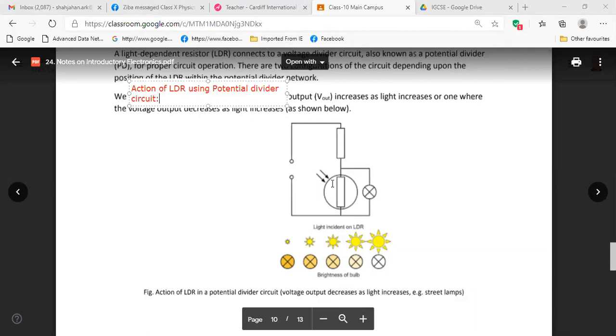If we are having more resistance, that means we are having more voltage output across this circuit, isn't it? Then the voltage will increase. If we have more voltage, that means the light will start working. Is it clear now, how the street lamp is working?